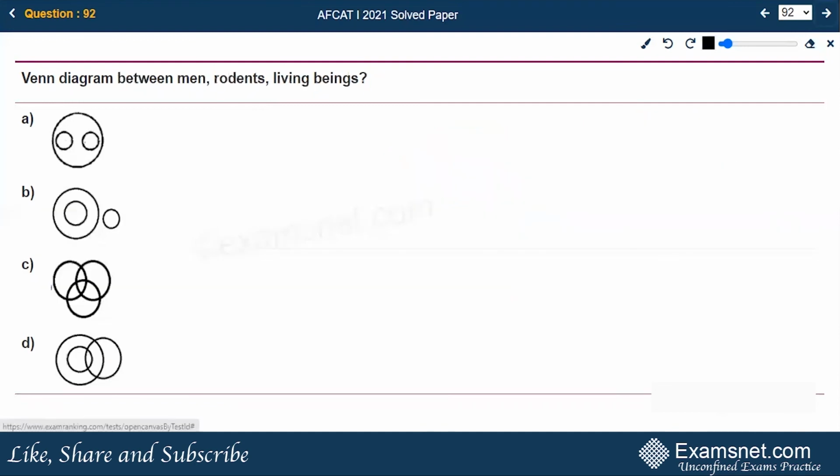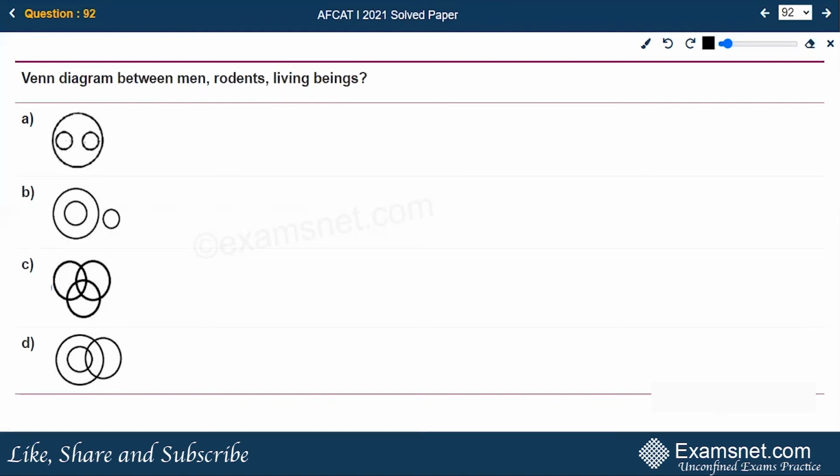Next, question number 92. Venn diagram between men, rodents, and living beings. See, what are rodents? Men and rodents, they are living beings, but of different species, right? All are living. Men are living. Rodents are also living.